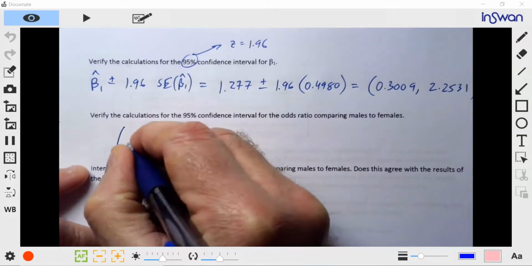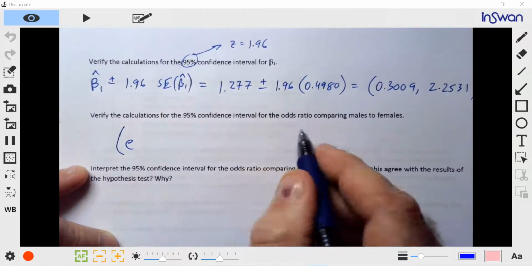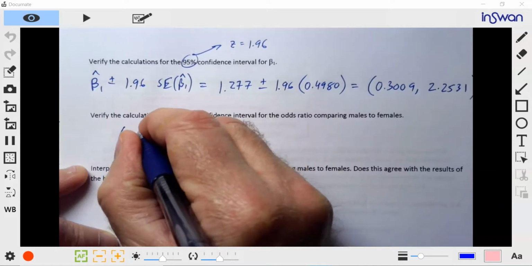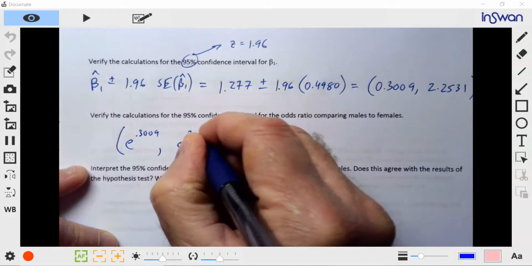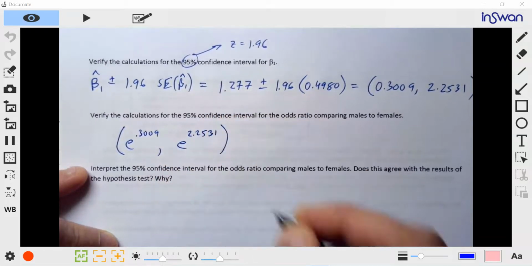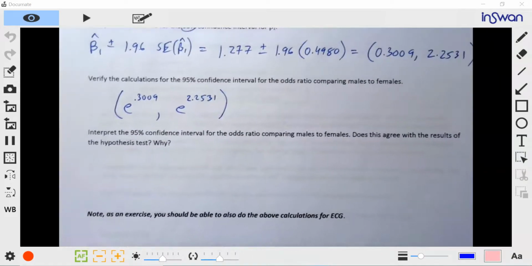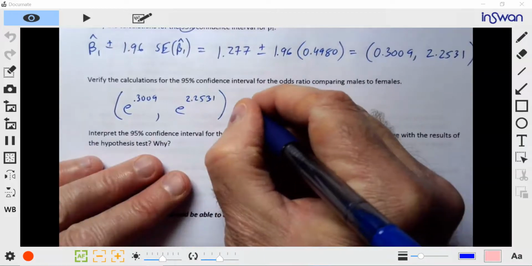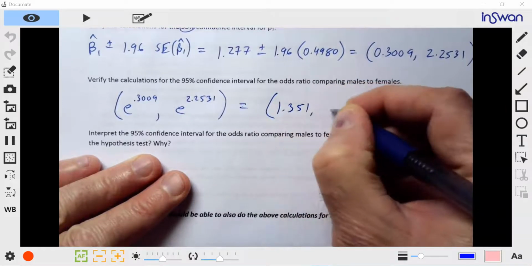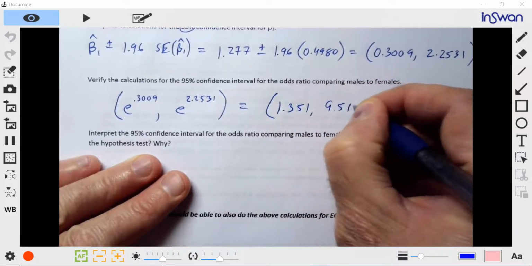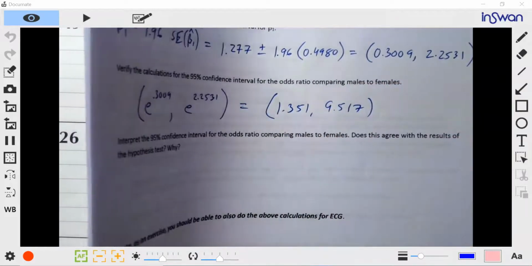So our 95% confidence interval for the odds ratio is e to the 0.3009 and e to the 2.2531. This is just refreshing your memory from something we talked about in the last set of notes. And if you do that, you'll get 1.351 to 9.517.